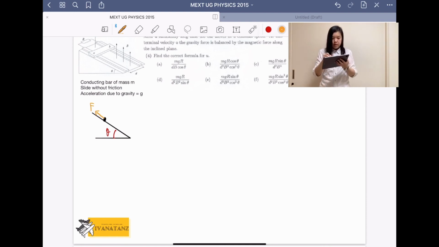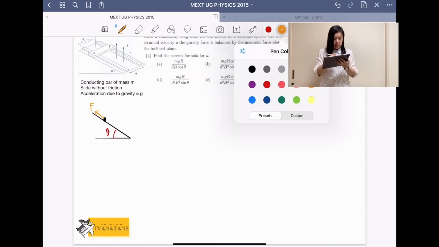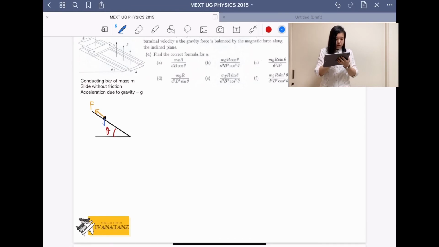And then we have the gravitational force working downward. If we break the gravitational force, this one is mg sine theta.